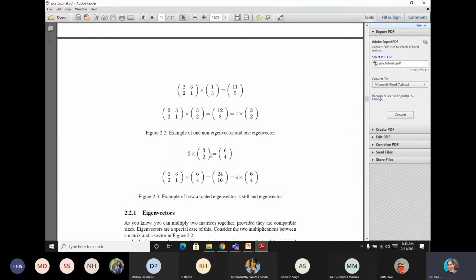Okay. So now this eigenvector can once again be scaled, and even after scaling we can still separate the eigenvector separately and then the value separately.